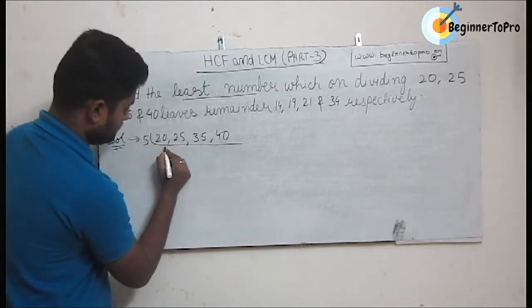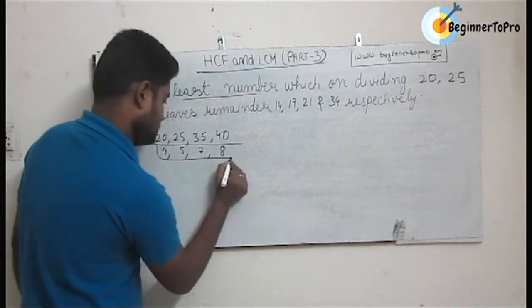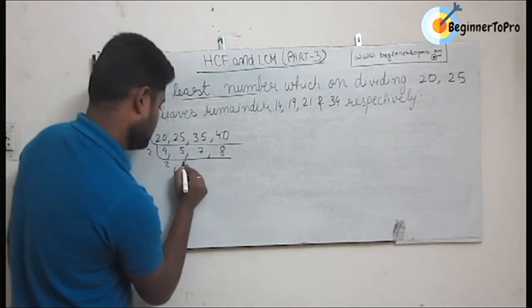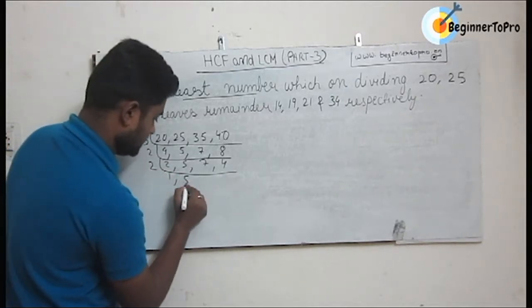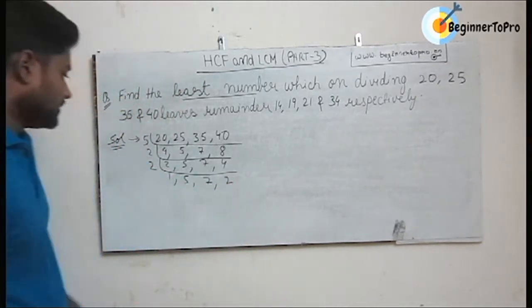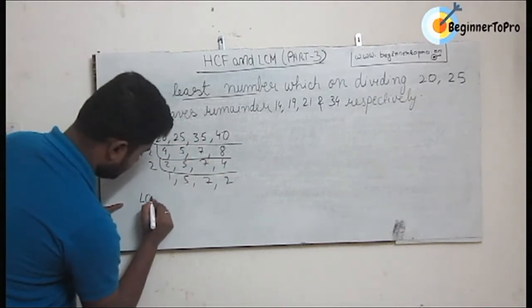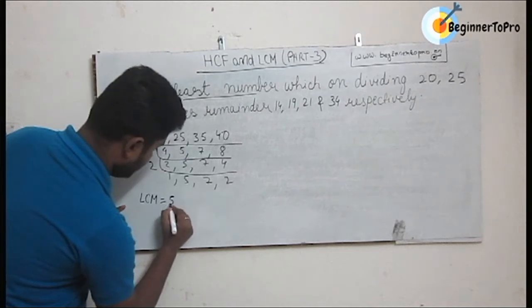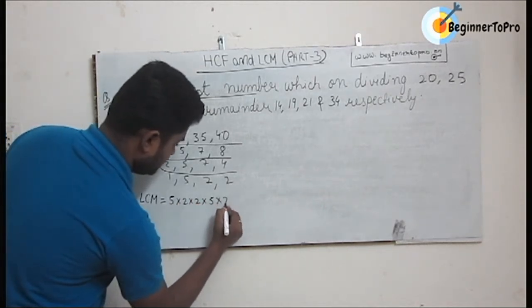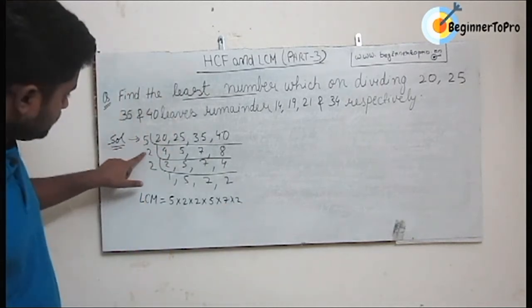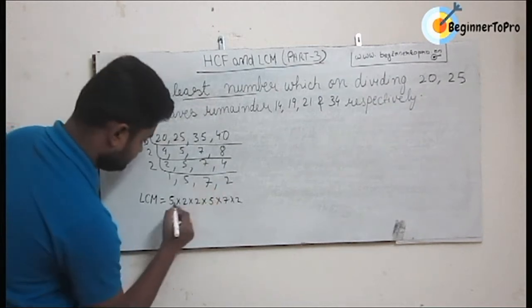So the LCM will be 5 into 2 into 2 into 5 into 7 into 2.